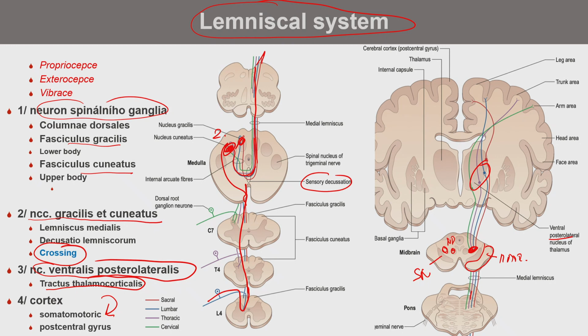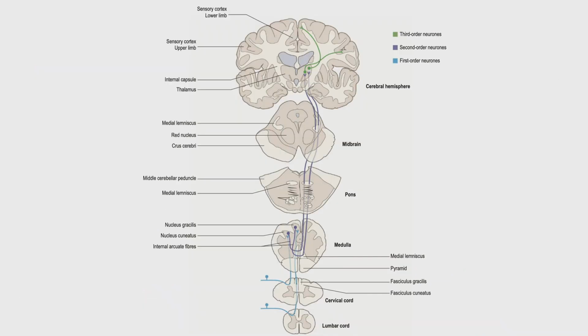So this is the lemniscal system, very important for neurology. Here is a schema of it again: from the first neuron to the oblongate, here is the second neuron, and the lemniscal crossing, and the medial lemniscus going next to the nucleus ruber and substantia nigra, and then to the thalamus, and from the thalamus projected to the cortex.